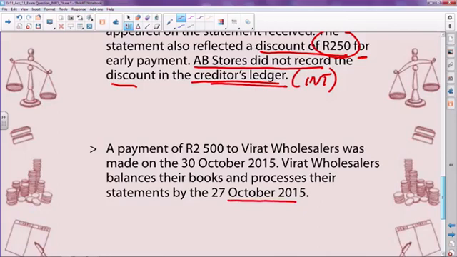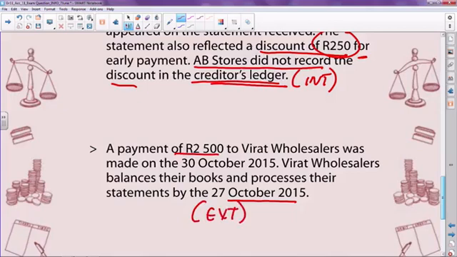Right, so clearly we can see there's a timing difference. We close our books at the end of the month, but the creditor, because they've got to post the statements, closes slightly earlier, 27th of October. So there was a payment made of 2,500 that is not on the external document.